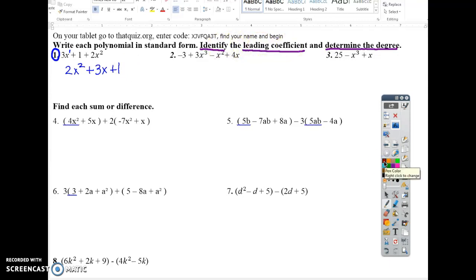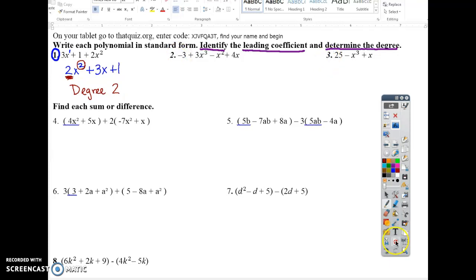The leading coefficient is this number in the front. Okay? So the leading coefficient here is 2, and I would just underline it. That's all I need you to do. And then it says to determine the degree. The degree is the highest exponent you see, so degree 2. Okay? That's what you need to do for problems 1, 2, and 3.